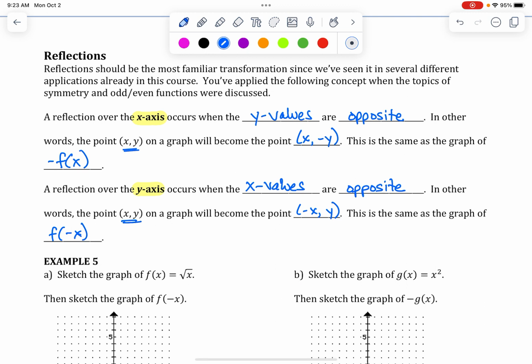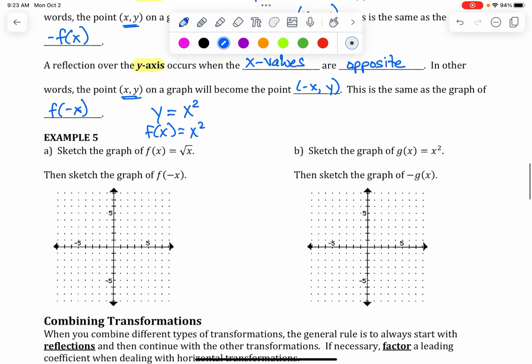And you might recall this as even functions, and we'll use the same function of y equals x squared, right? If you think of it as f of x equals x squared. We'll see that in example 5b in a second, right? If you're reflecting it over the y-axis, it's an even function, it looks the same. All right, and so that's sort of the idea. Hopefully breeds some familiarity from what we've done in the past.